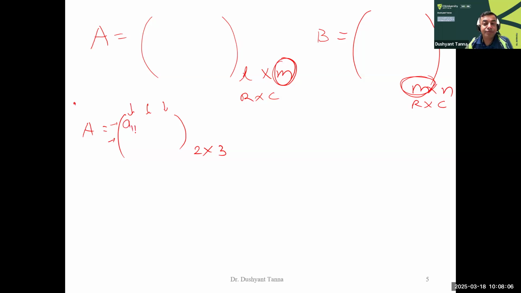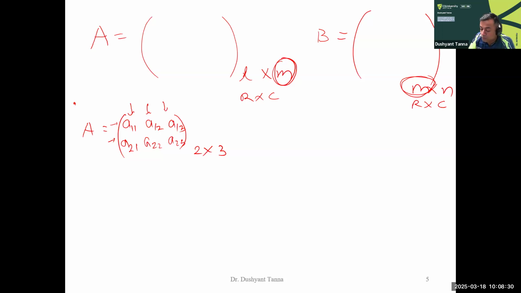The suffix indicates first row, first column, then first row, second column, first row, third column. The first element, as we discussed last week, represents the row, and the second element represents the column. Then we go to the next one, A21: second row, first column, second row, second column, second row, third column.